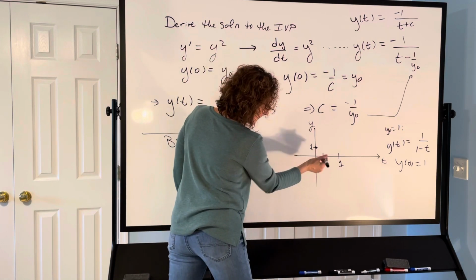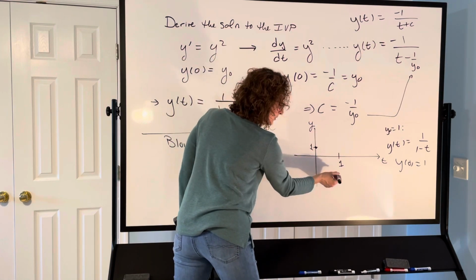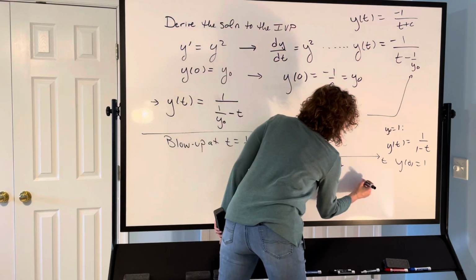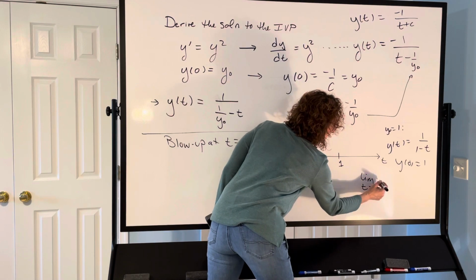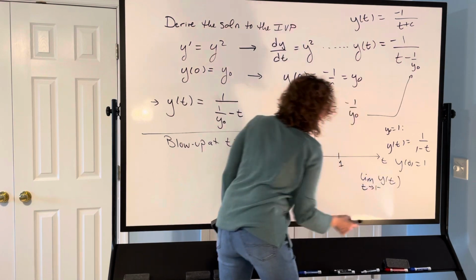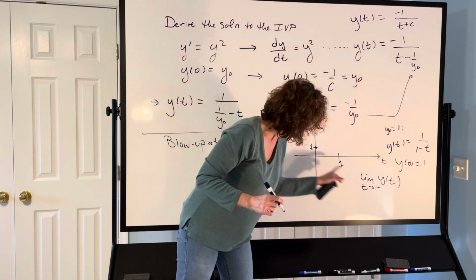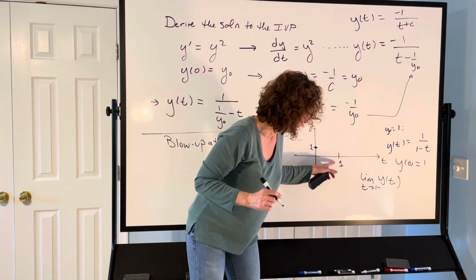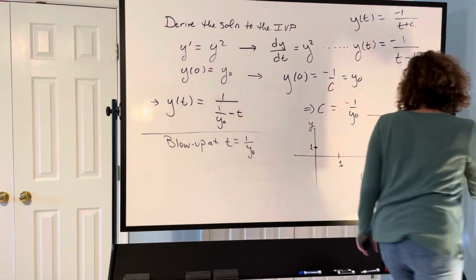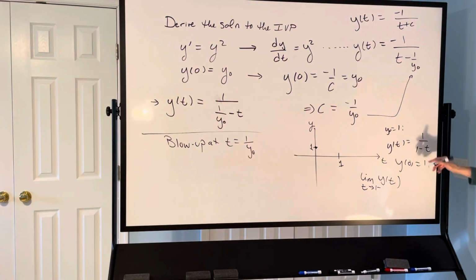And then what does that solution do? Well, what is the limit as t approaches 1 from the left of y of t? Time is increasing from 0. As t gets close to 1, we're getting 1 over 0.